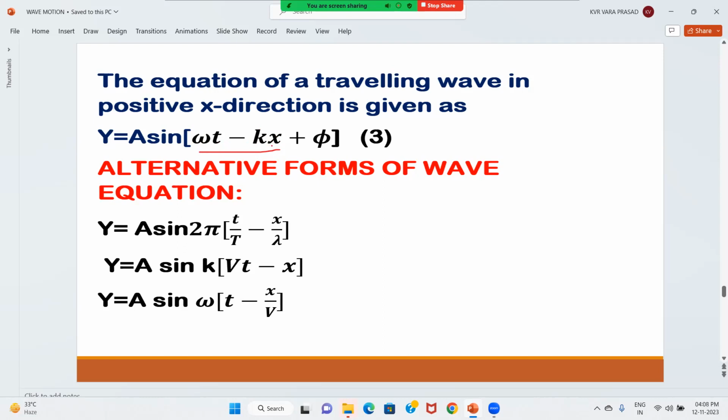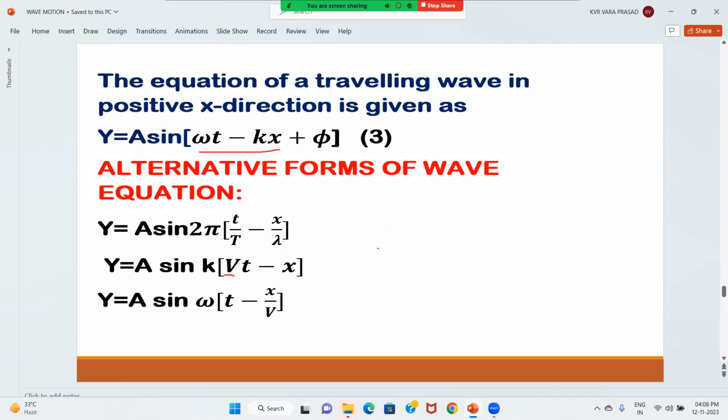Okay, right. Now the same equation can be written by taking 2π outside, so it becomes (t/T − x/λ). Suppose we take k outside, this becomes v, where v stands for the velocity of the wave.